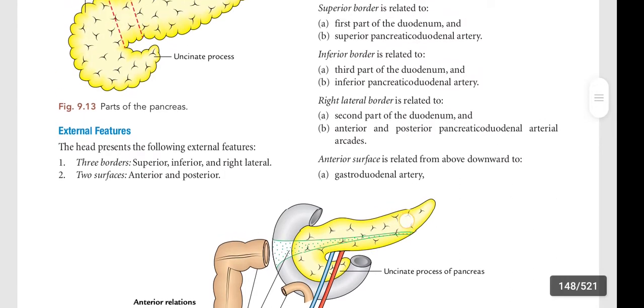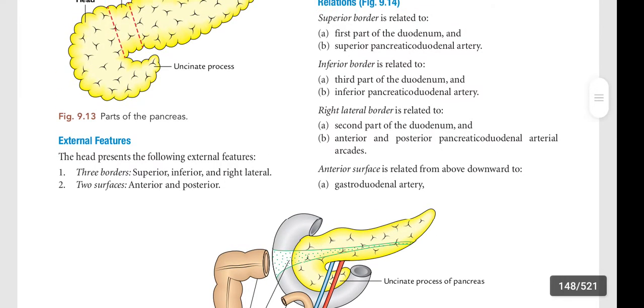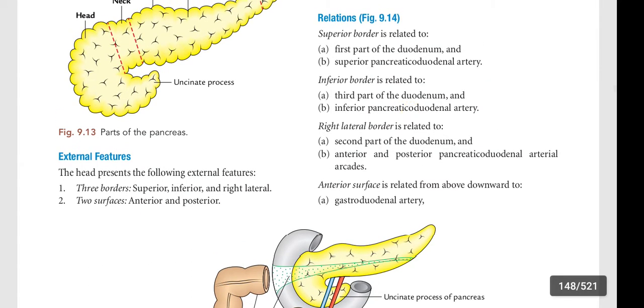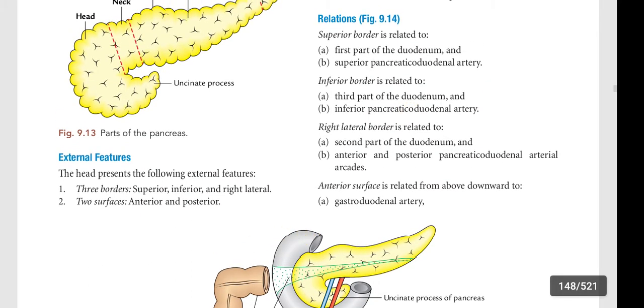This is the superior border. The superior border is related to the first part of the duodenum.